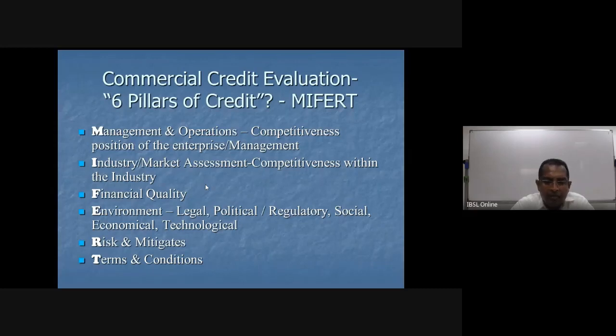It is the legal environment, political, regulatory, social, economical, and technology environments. Then risk and mitigates, terms and conditions. This is the MIFID model.